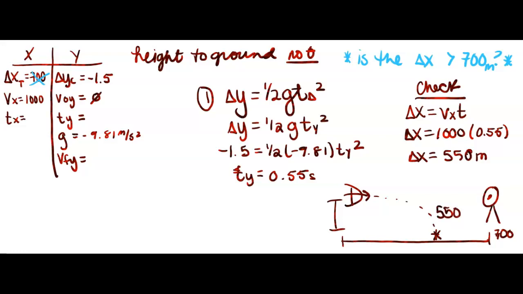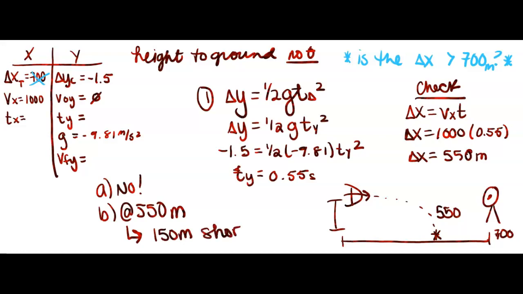So as far as our answer goes, it says, does it reach the target? The fact that our delta x is 550 and our target's 700 away answers no. And then our B answer, it says, where does it hit? You could say at 550 meters, because that's technically a reference point. But you could also indicate how short it is from the target itself. So we could say 150 meters short.